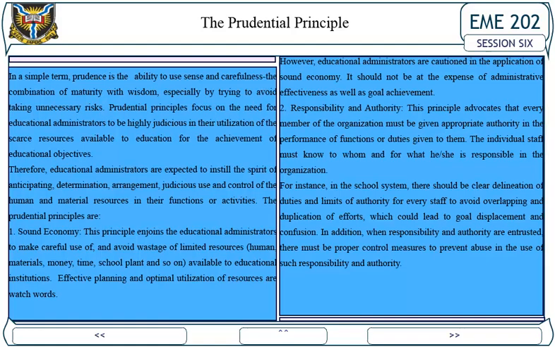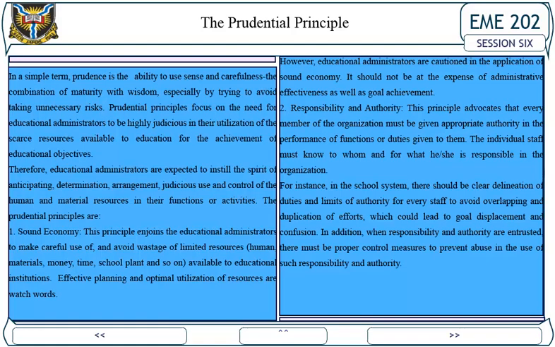This will facilitate maximum support from them. This principle expects the educational administrator to exhibit such qualities as respect, courtesy, kindness, consideration, confidence, trust, open-mindedness. It admonishes educational administrators to be friend to all, but not a special friend of any.